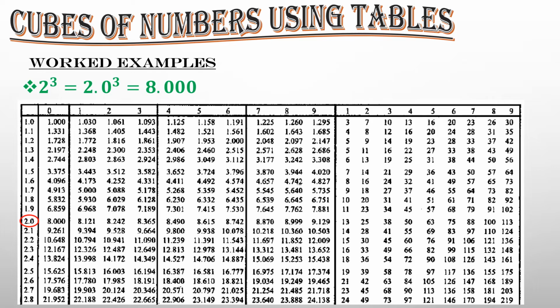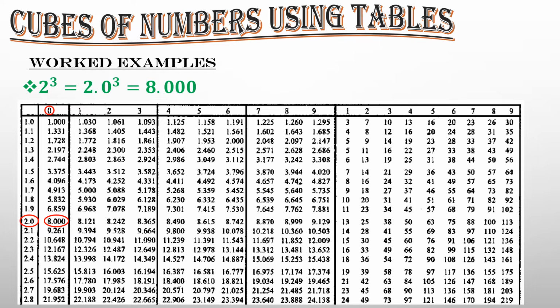On the X column, where can we find it? Check what has been circled with a red circle. That's where we have 2.0 along the X column. Now look at the 0. You can write it as 2.00, so the other 0 is on top. So look down there and look across the 2.0.